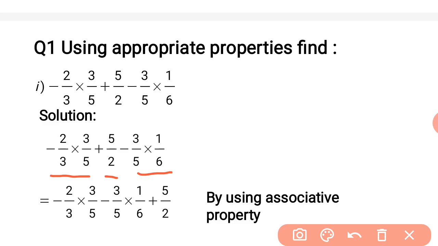How do you understand about a term? So whatever is multiplied, that becomes one single term. And terms are separated out by plus or minus sign. That is how this minus 2 by 3 multiplied by 3 by 5 is considered to be one term.